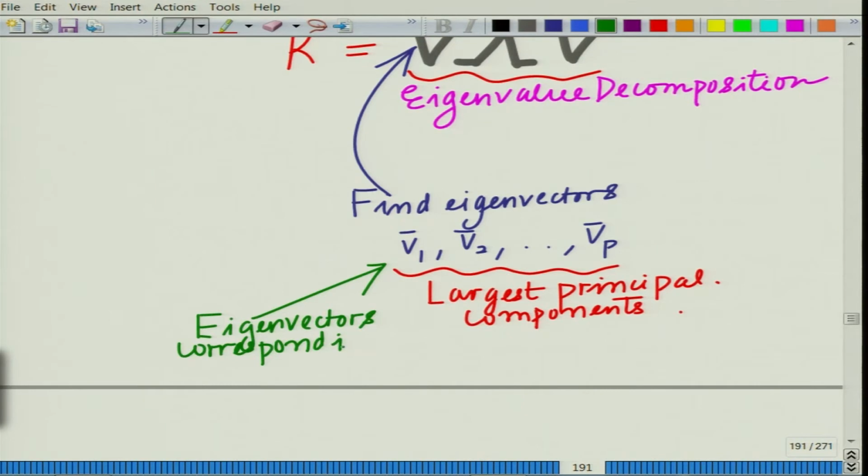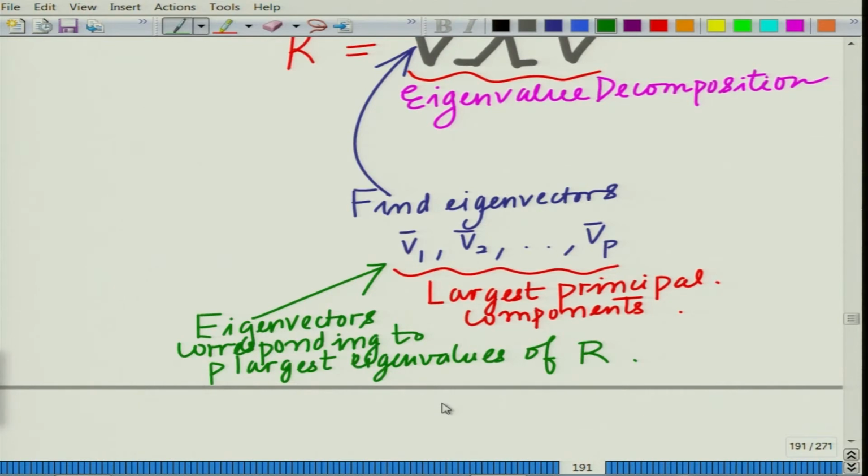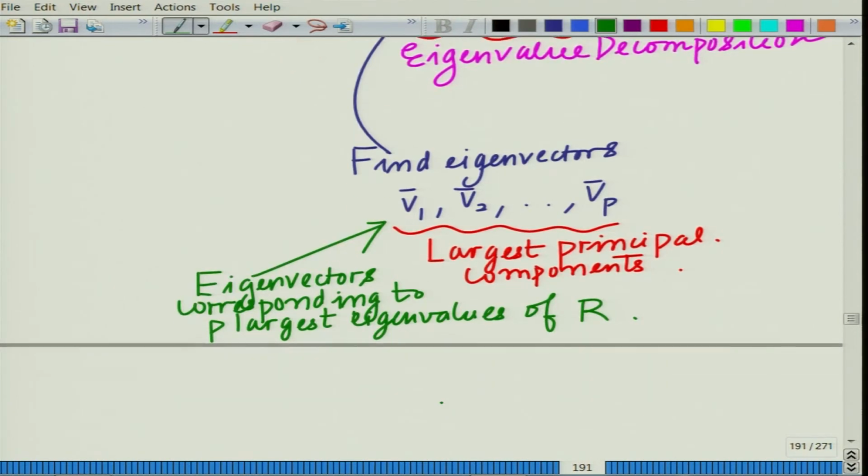These are eigenvectors corresponding to the p largest eigenvalues of R, which is basically your covariance matrix.